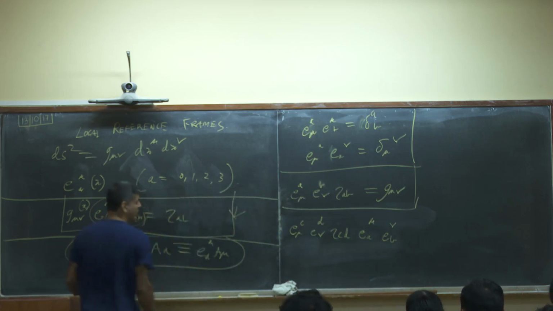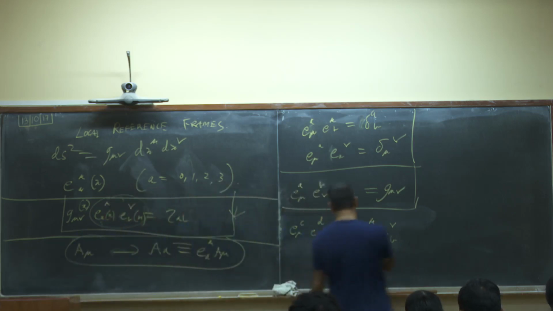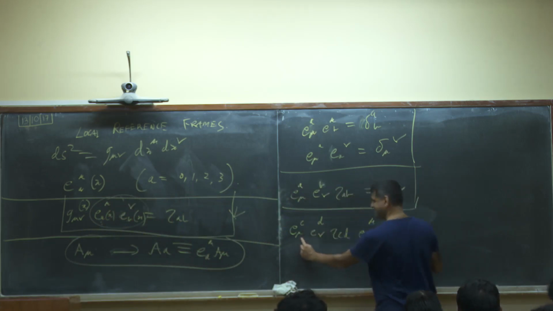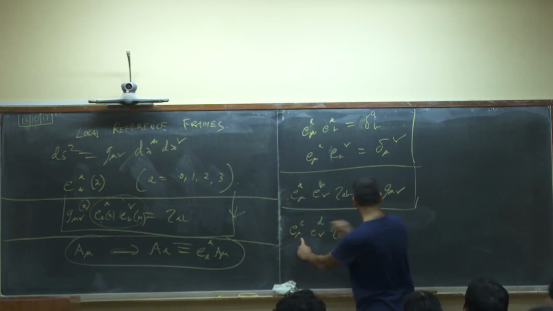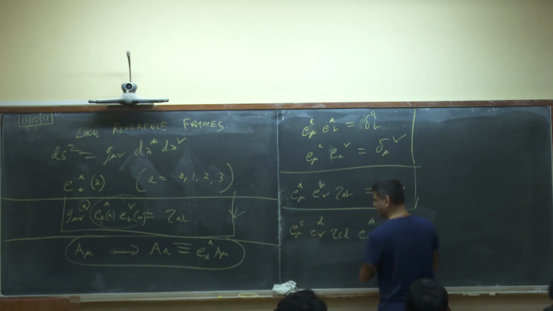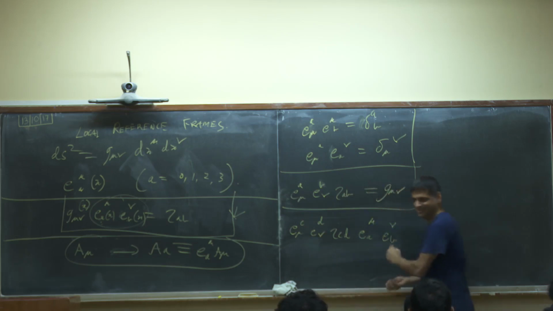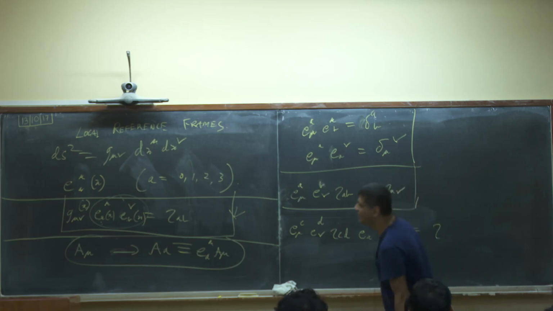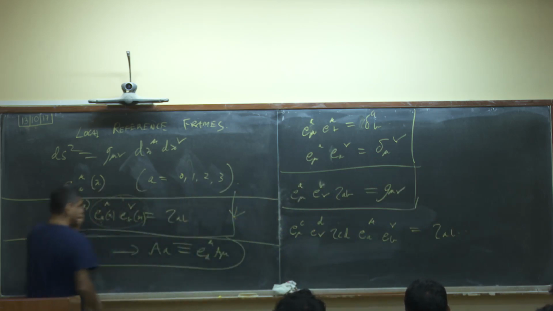Is this equal to eta AB? But it's obvious that it is, okay? Because this contracted with this is delta AC, this contracted with this is delta BD, and then this becomes eta AB. So this is equal to eta AB. So at least this check works out.